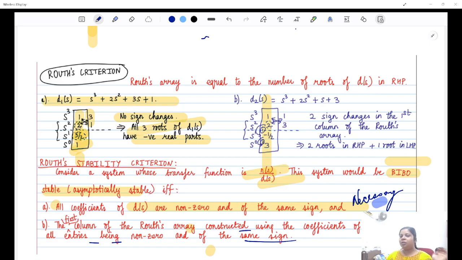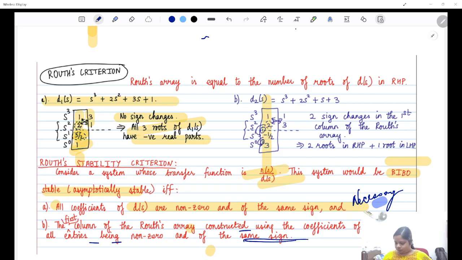In the other case, when the complete row is 0, we find the auxiliary equation and see that there are radially opposite roots, and then you find the stability of the system by finding the auxiliary polynomial, differentiating and all those things you do, right?